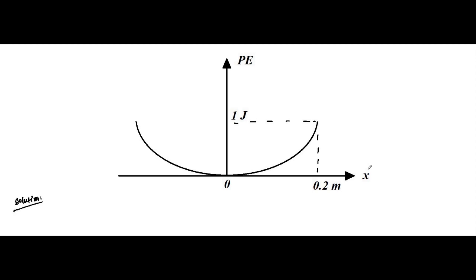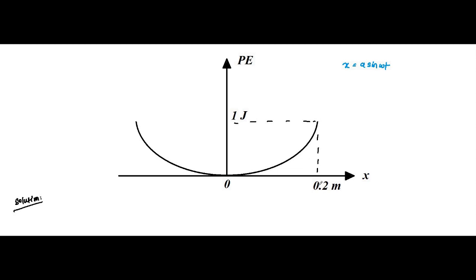So this is potential energy versus position, instantaneous position. The standard SHM equation is x equals a sine omega t plus phi, but here the initial phase angle is 0, so it is a sine omega t. From this graph, two things are clear.